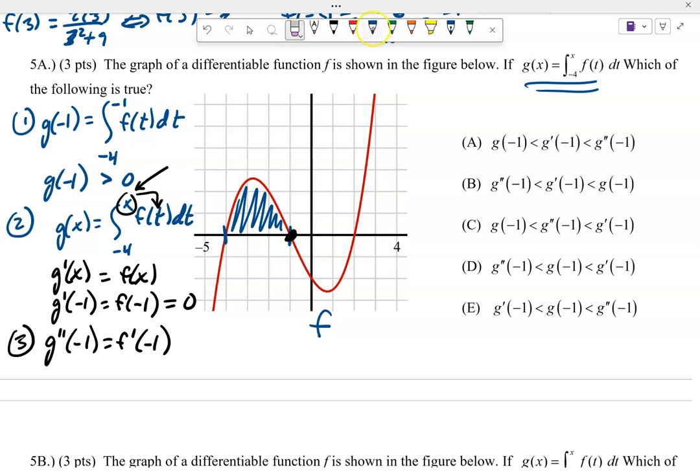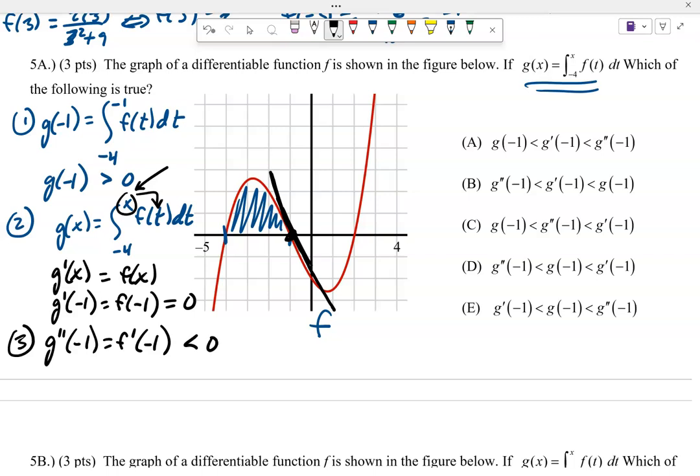So let me go on there and let's draw the slope of the tangent line. I'm going to draw it in black. Slope of the tangent line right there. Well, I didn't draw that very well. But that slope, is it positive, negative, 0, or undefined? Well, that's going down and to the right. So that slope of that tangent line is negative.